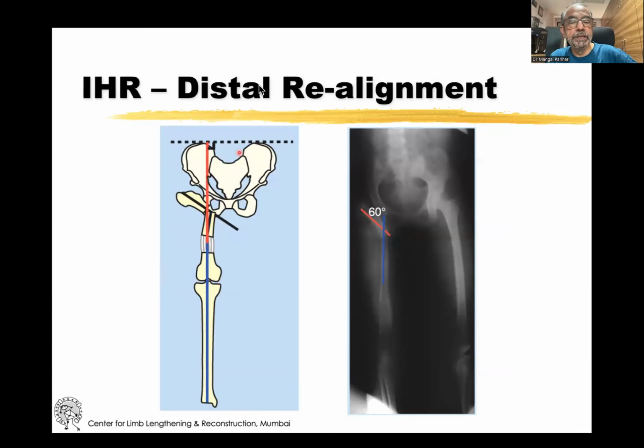So there's a question on the chat: how to draw the proximal axis. The answer to that is you draw the pelvic line, and a perpendicular to that. Let me go one before.